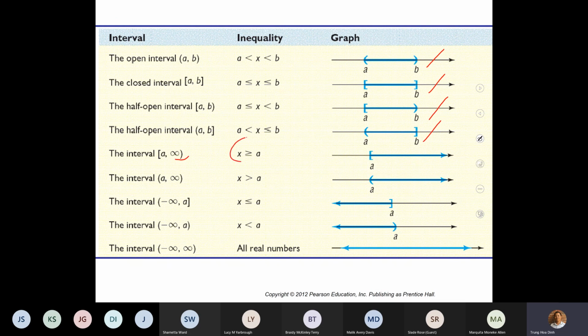So it's corresponding to x greater than a. That means here you have a, and then here is infinity. So the interval a, infinity, but a is not included. So you have something like this. Here we have negative infinity, and here you have negative infinity and positive infinity.